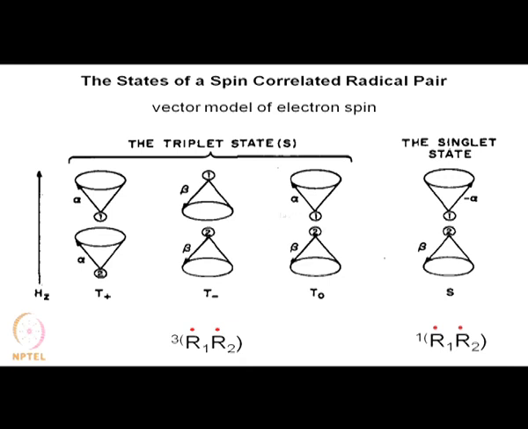When there is no external field, then maybe these can freely transfer from here to here, but how much it will transfer, that depends on how fast this state is transferred to this state. Okay. Sometimes it may be a very slow process, that singlet to triplet transition is slow, even in absence of any external field, but when field is applied, that transition from singlet to triplet may get affected.